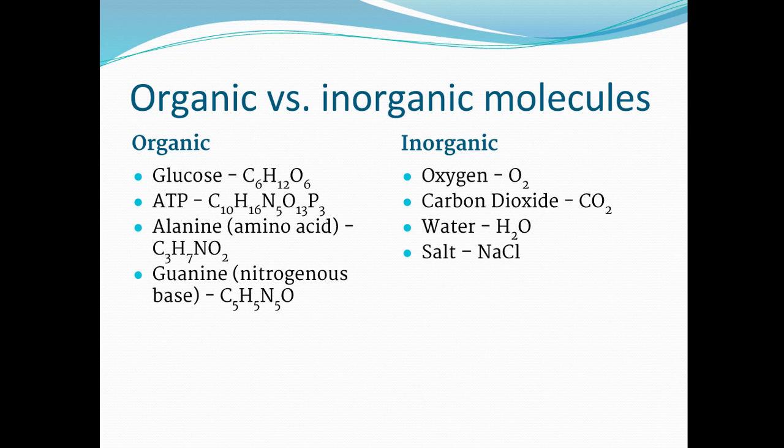It's an energy molecule in your body. Alanine is just an example of an amino acid that's used to make up proteins. And guanine is an example of a nitrogenous base that is used to make up DNA. All of those things are organic molecules. You notice in their formulas that they all have carbon and hydrogen.